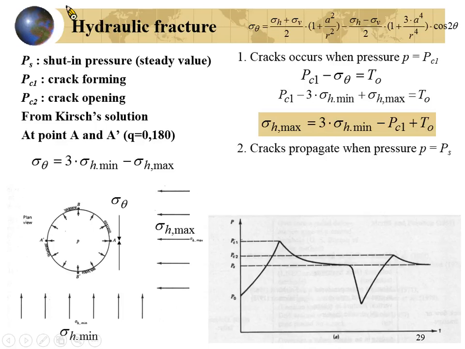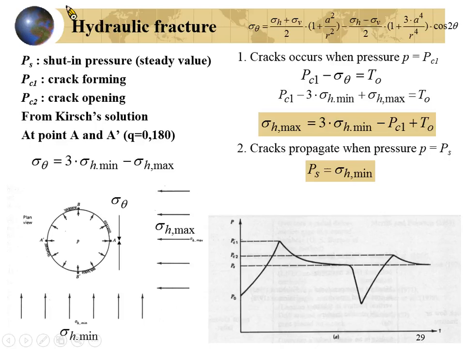And second, the crack will propagate when the pressure equals the Ps. The crack will continue to propagate if you have the pressure equal to Ps. Okay? Then you will go into a steady state. So the shut-in pressure will equal the sigma H minimum. Please consider, if you have a fracture in this direction and keep propagating, how does the sigma theta change?